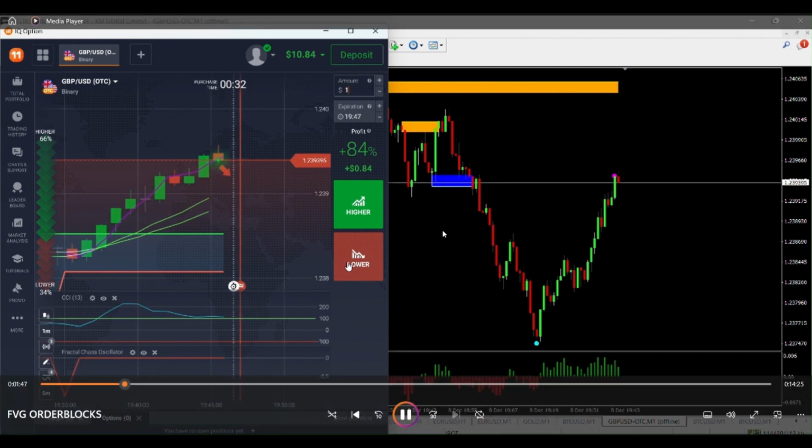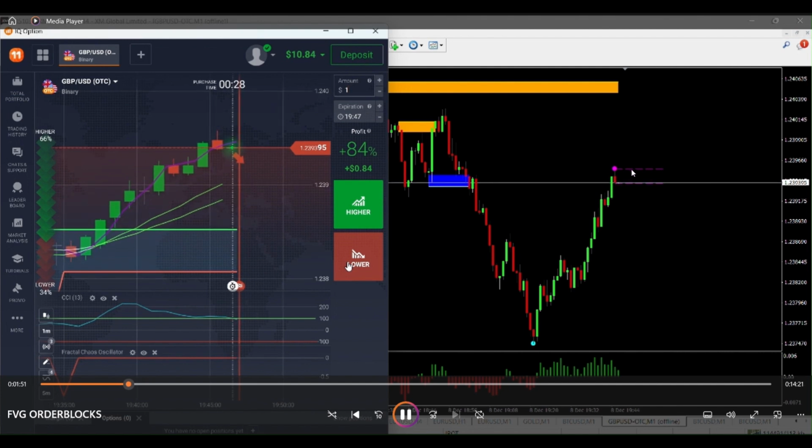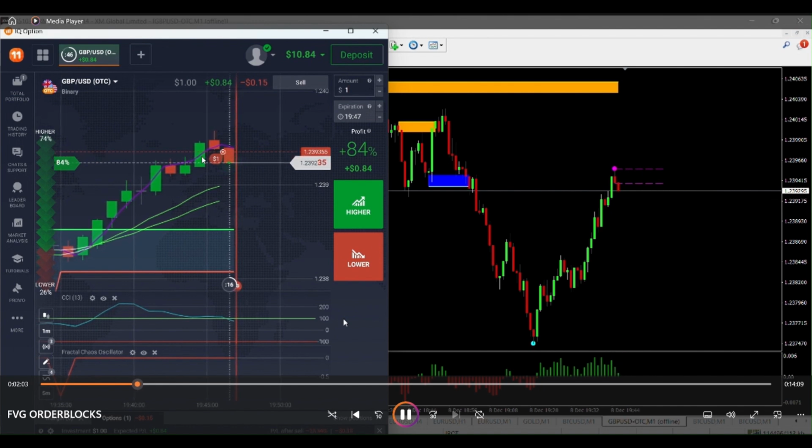And we can see here that there's a blue zone here, and then the lines already appeared. It's a confirmation of the signal, and the buyers here on the indicators are already weakening, and then we took the trade. This is our second win.